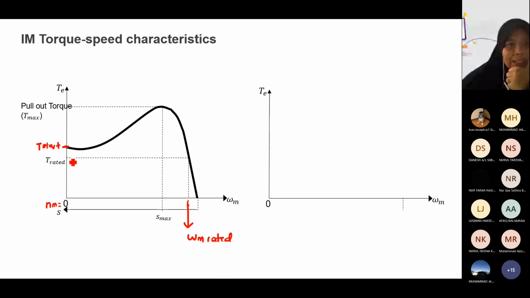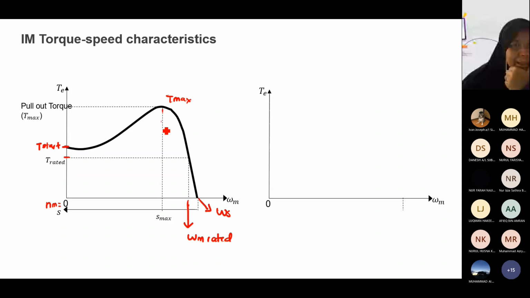Okay, at the rated torque. Tadi berapa dapat rated torque? Nanti kita buat kat sini. So this is your omega S, which is your synchronous speed. And you have the pull out torque, which is T max here.